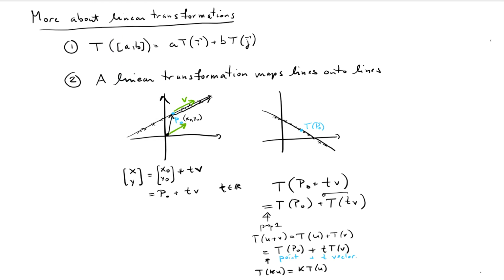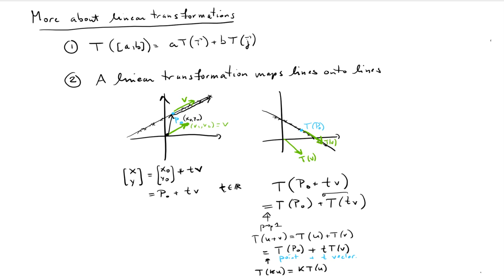Its coordinates would be the terminal point of the vector v if it starts at the origin, some point v1, v2. That vector is mapped onto another vector, maybe a vector like this. Now take that vector and translate it here. So this is T of v, some other vector.